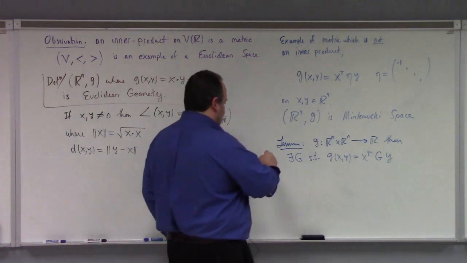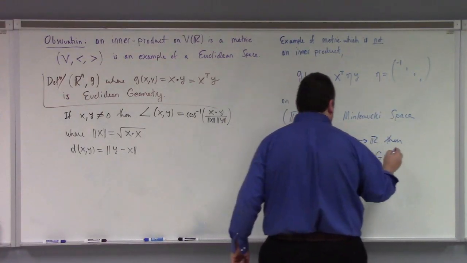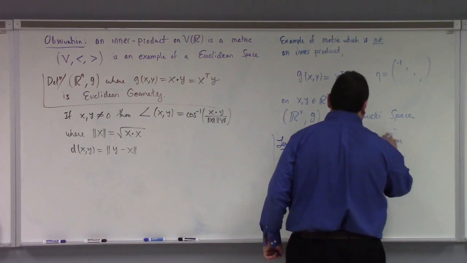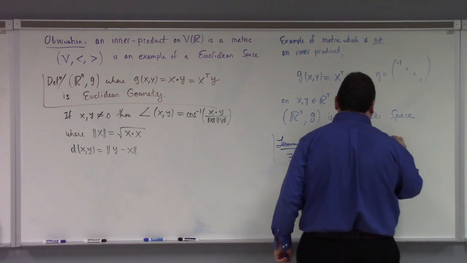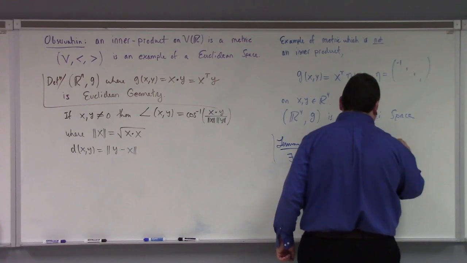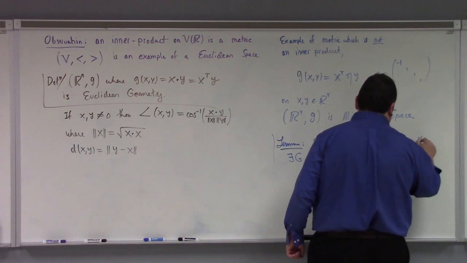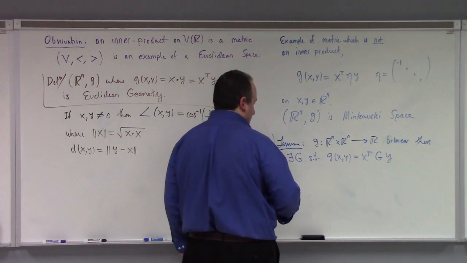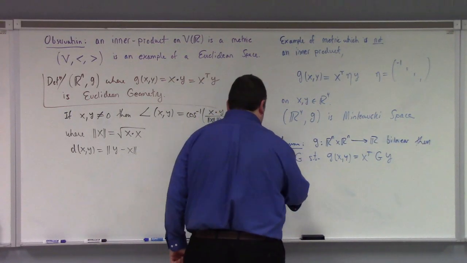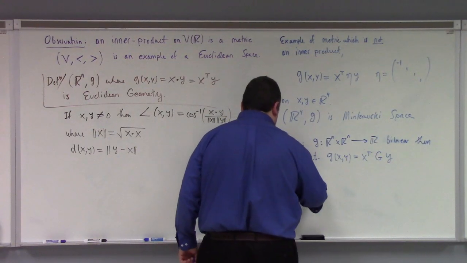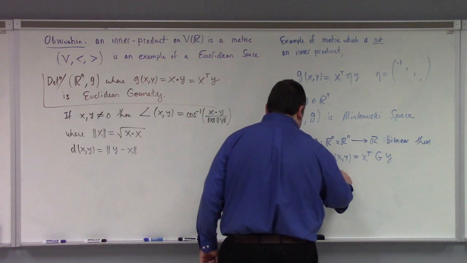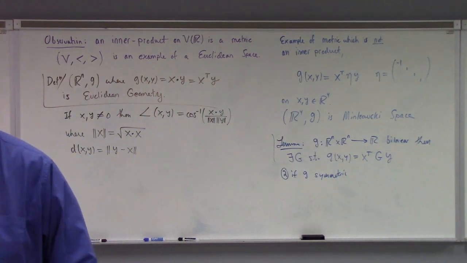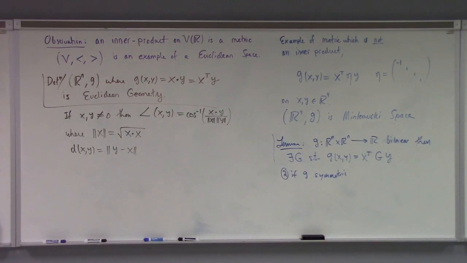So if I just need one criterion here, bilinear, right? Then that, right? And then like number 2, if G is symmetric, then what can you say about the matrix big G?